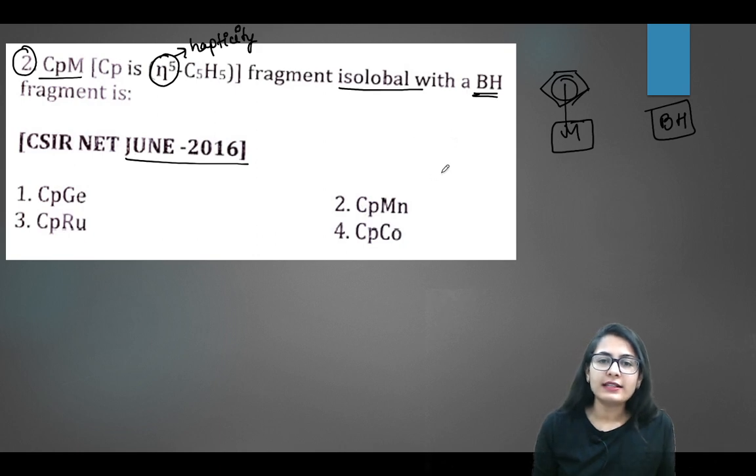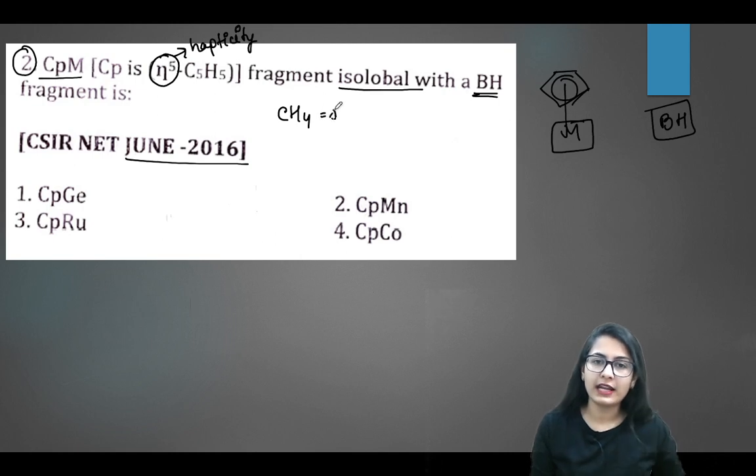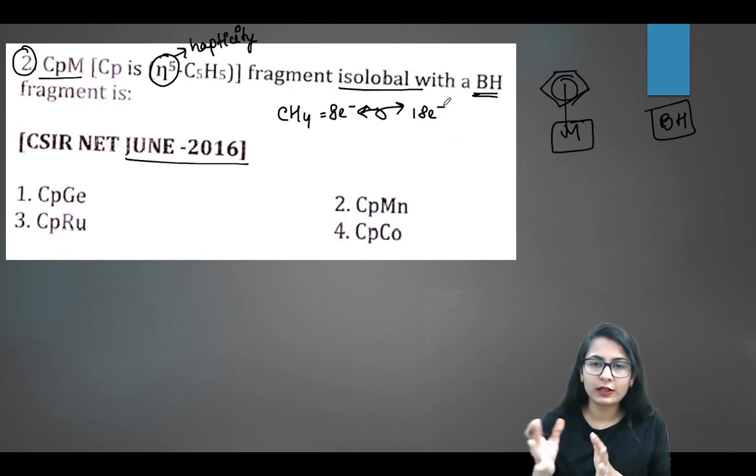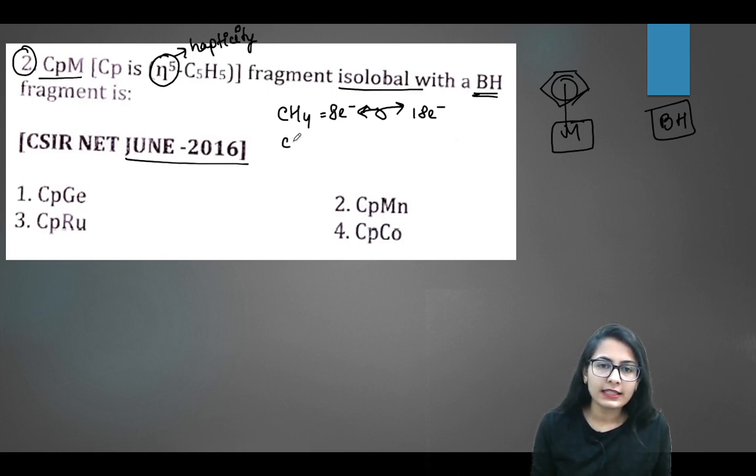Understand this, guys: when we begin with CH4, it has 8 electrons complete, so it corresponds to an organometallic species having 18 electrons. Then CH3 has 7 electrons, isolobal to a species having 17 electrons, and so on.